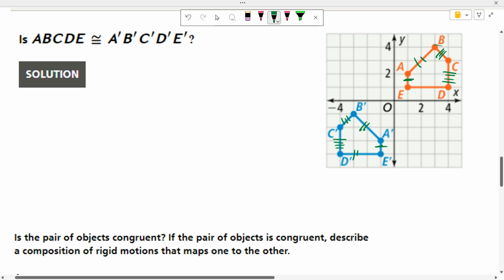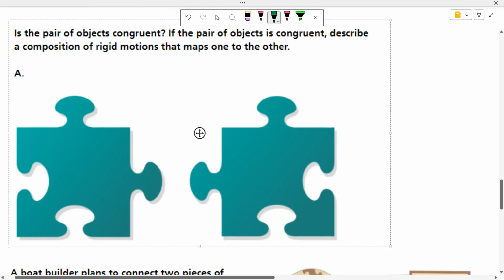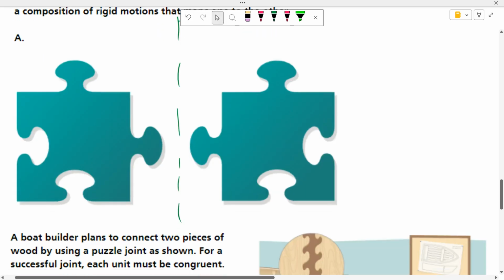And E to D and E prime to D prime are the same. So if they're all the same, the answer is yes, they are congruent. Are these congruent? Do they look congruent? Yes. What is it to get from here to here? A reflection across a vertical line like this.